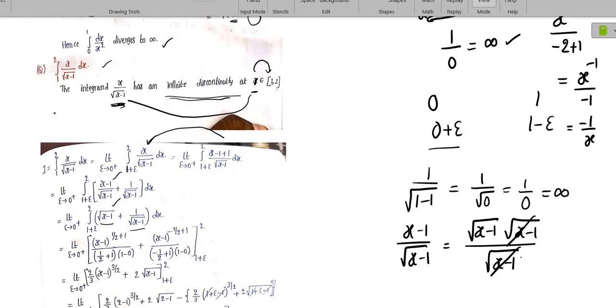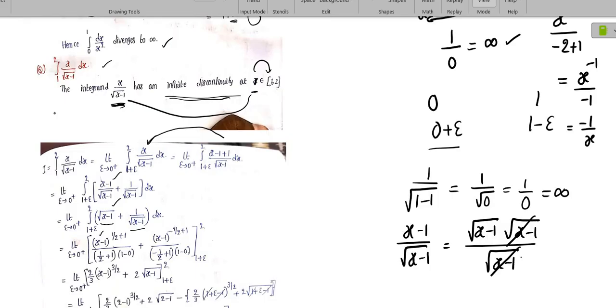Here root means power 1 by 2. So applying the power formula for integration, x minus 1 power 1 by 2 plus 1, divided by 1 by 2 plus 1. Next I want to do the differentiation of x minus 1. The differentiation of x is 1. The differentiation of 1 is 0. Here also the same formula, but here root of x minus 1 lies in the denominator.